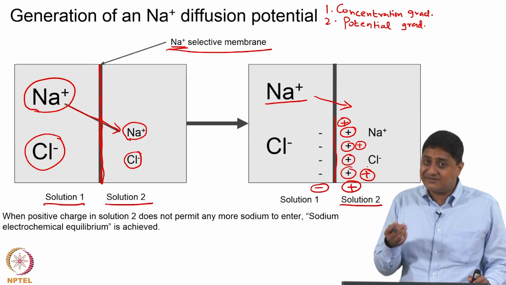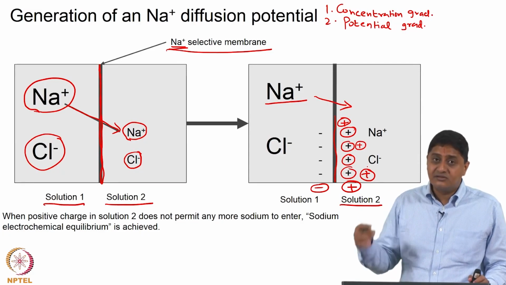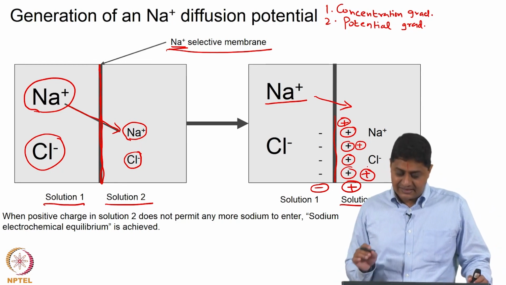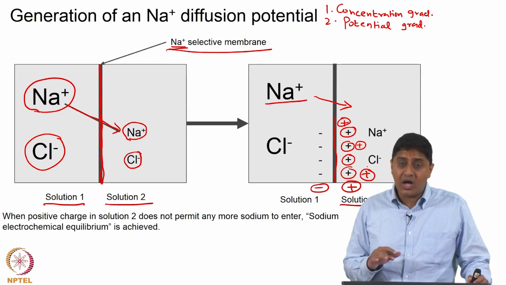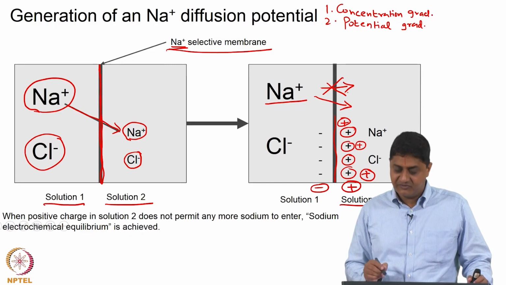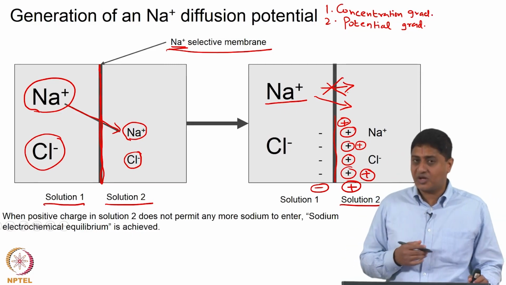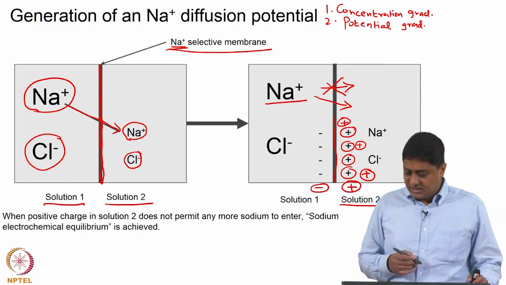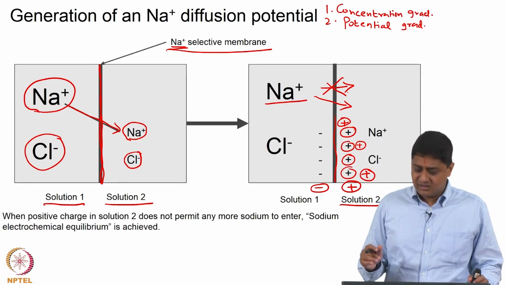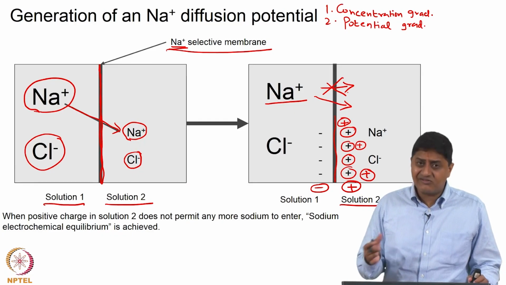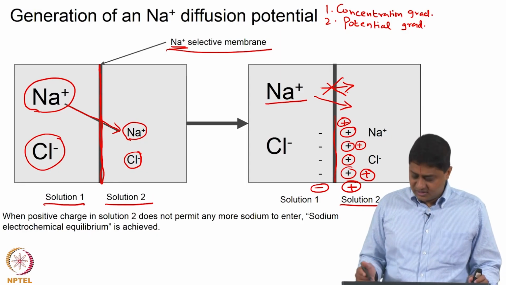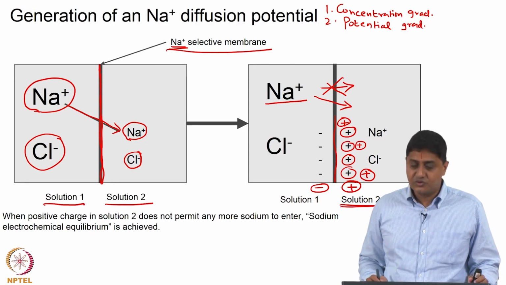So, initially there is less resistance, as you go along the resistance is very high, and at some point the sodium ion can no longer go from this side to that side. It is not possible for that transport to happen, because the positivity on the right side is sufficiently high to repel any more entry of cations, any more entry of positive ions, or sodium in this case, into the right side, or solution 2.